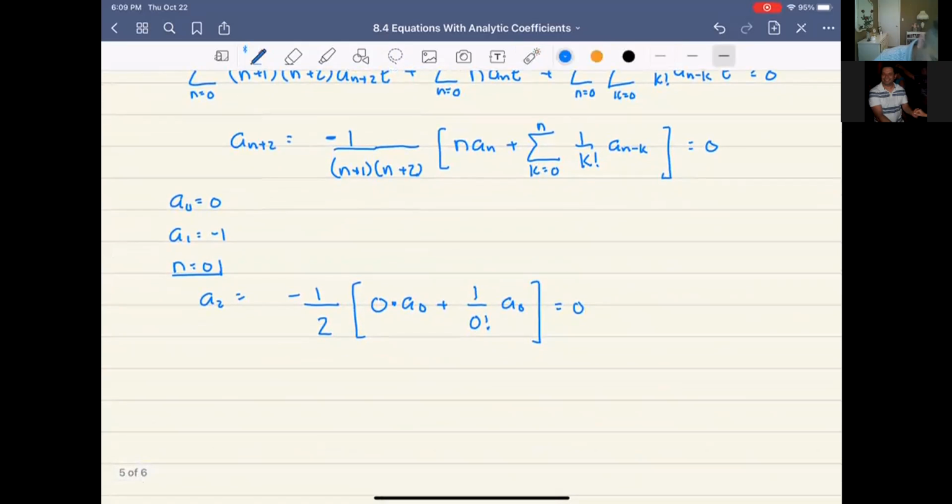Okay, A sub 3. That's n equals 1. So A sub 3 is going to be -1 over 2 times 3, so -1/6, times n, which is 1, times A sub 1, plus the sum k equals 0 to 1, 1 over k factorial, A sub n minus k.